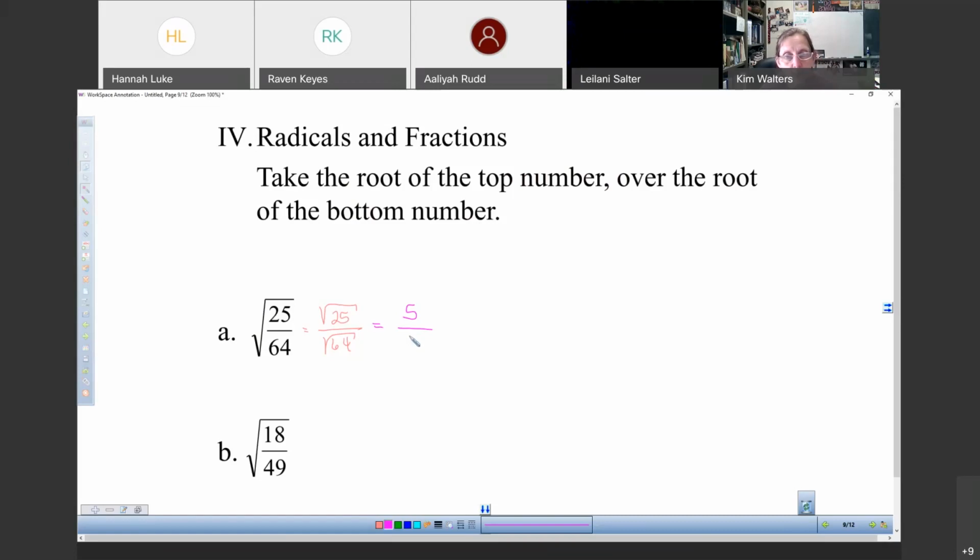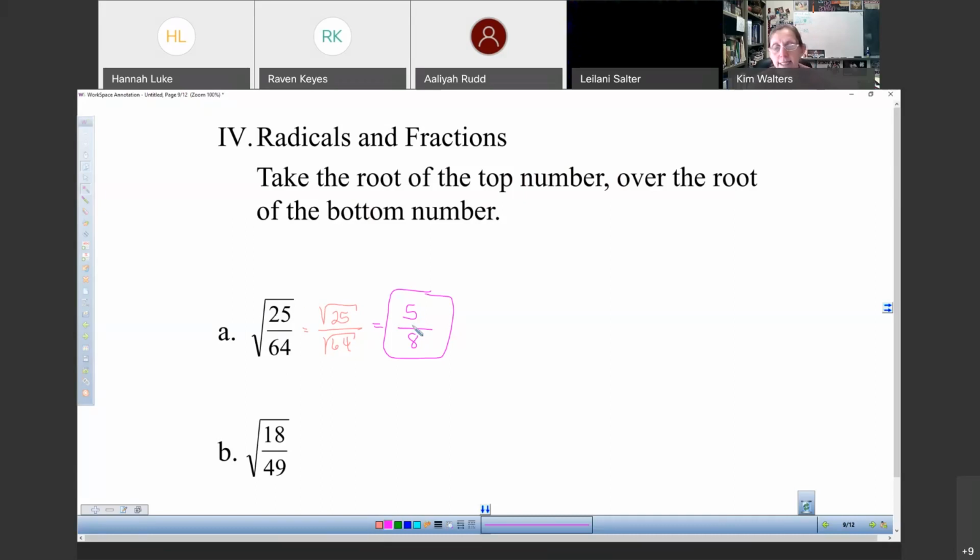Let's see if anybody else knows what the square root of 64 is. There we go. Okay, 2 more answers. So the square root of 25 over 64 is 5/8. That's it. That's all you've got to do.